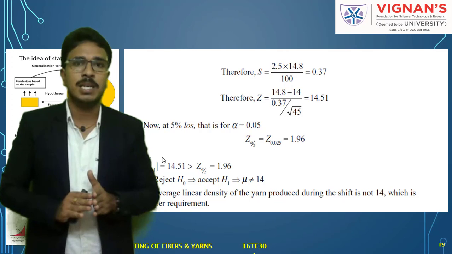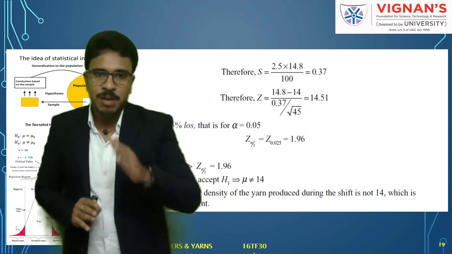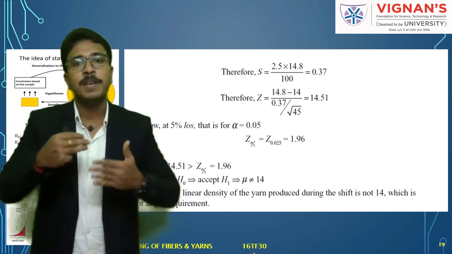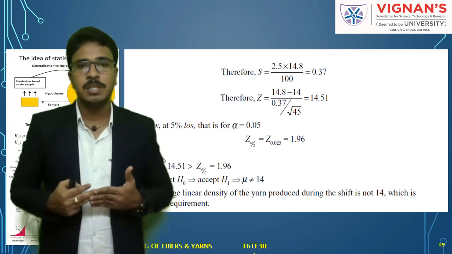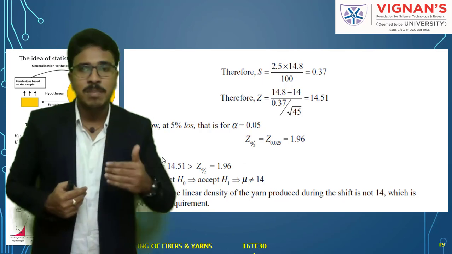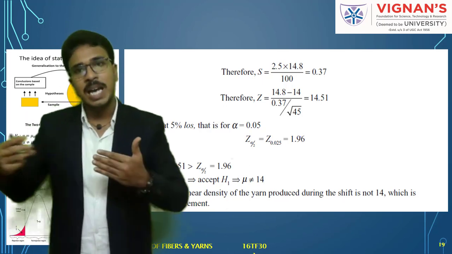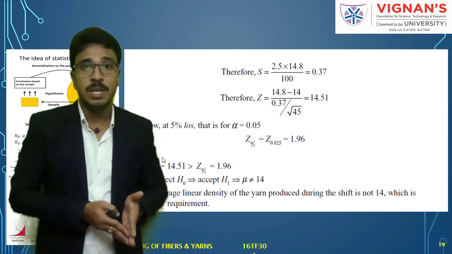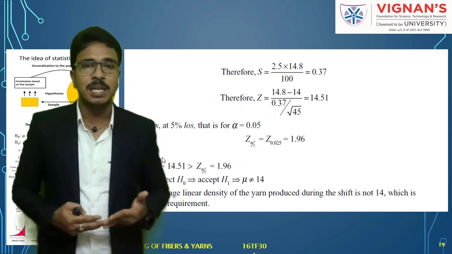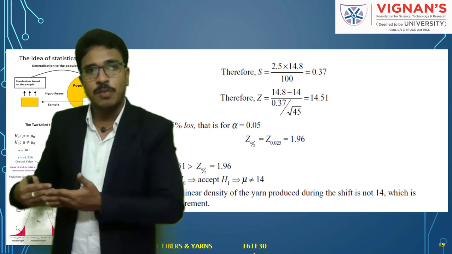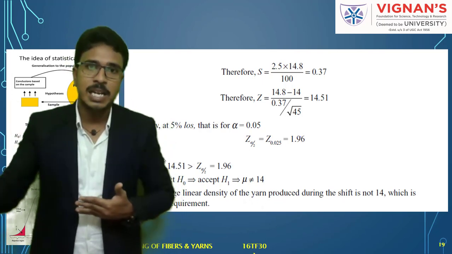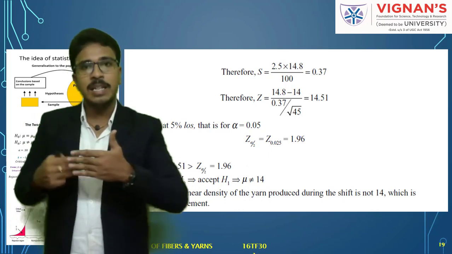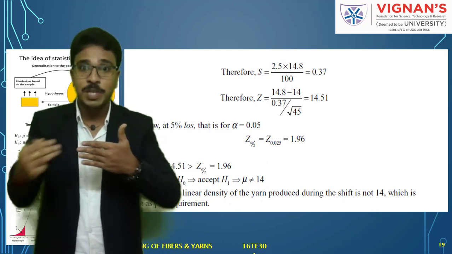So always remember, whatever the table value and calculated value we get, we have to see which value is higher. If the table value is more than the calculated value, then we accept our H0. Listen carefully, again I am repeating. If the table value is higher than the calculated value, say for example the table value is 10 and the calculated value is 5, which one is higher?